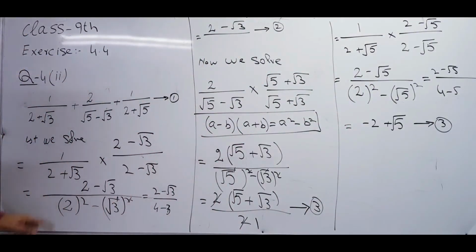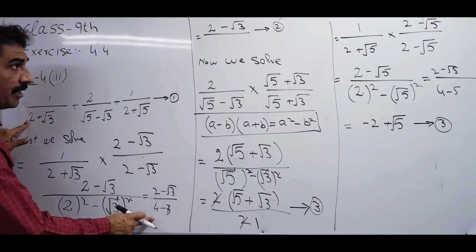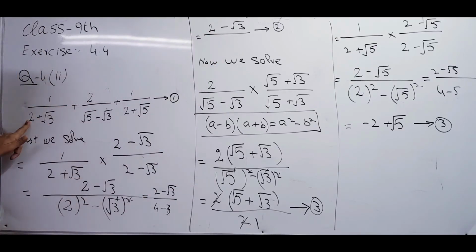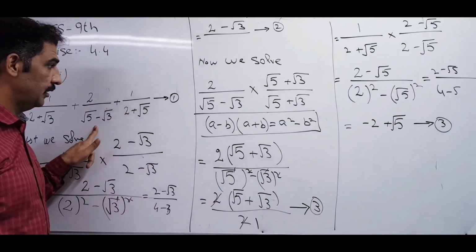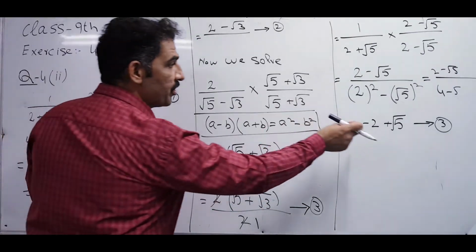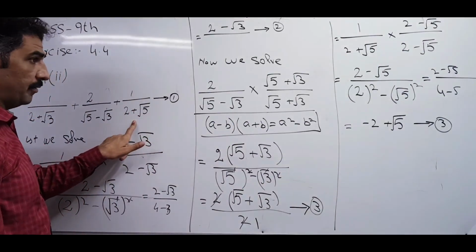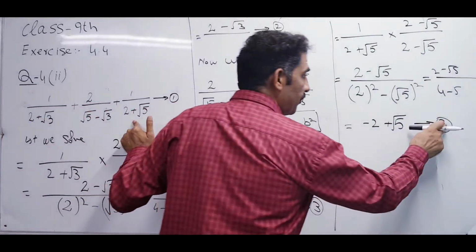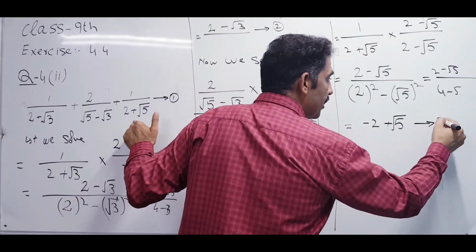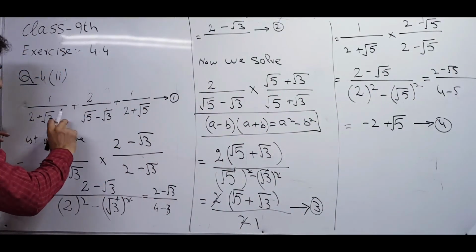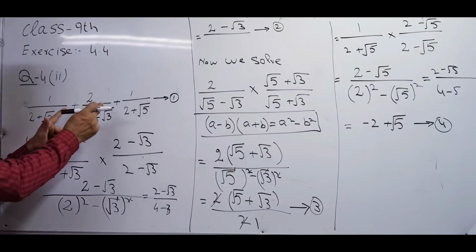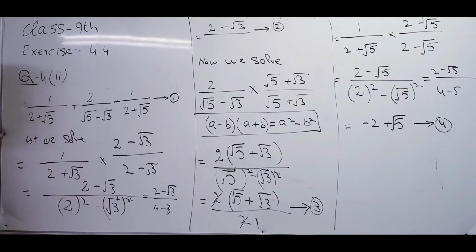Now see, first I solved this part and made equation number 2, right? Then I solved the second part, made equation number 3. Then I solved the third part, made equation number 4. I'm making a mistake, students. 4. 3 parts, we solved all three parts. What is the relation between the three parts? Plus. Now what will we say?